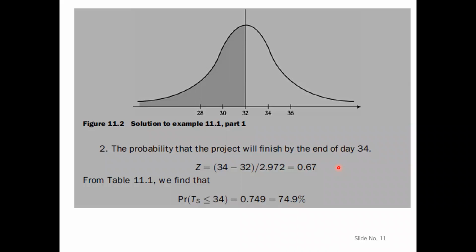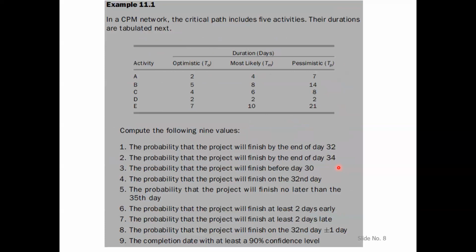Remember I asked a conceptual question before: what is the probability that the project will finish on day 32, and on day 34? One of you answered that there is a higher probability for day 34, so we got the same answer. For day 32 the probability was 50%, and for day 34 it was more, 74.9%. So these were the two questions we have answered.